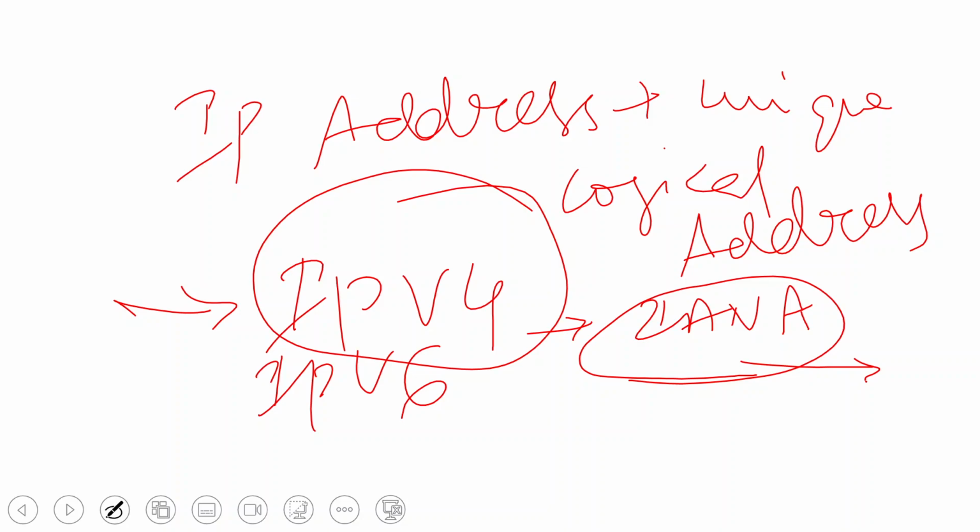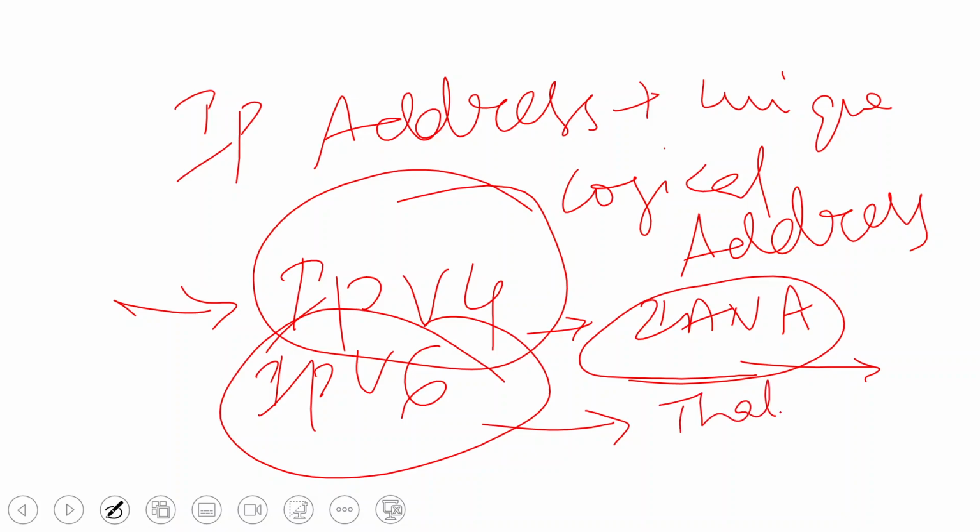If you are learning IPv6 addressing, you have a lot of scope to get into a company and learn a lot of things, because a lot of companies are using IPv6 addressing. If you know how to configure an IPv6 address and know a lot of topics related to IPv6, that would be good for your future if you are in the network field. So that's all about IP.